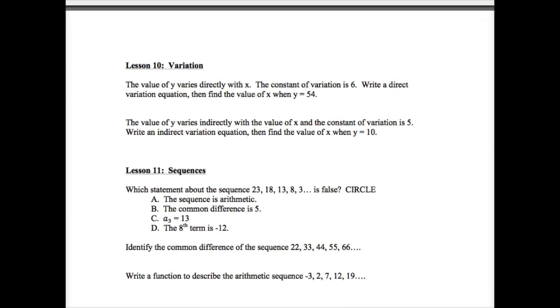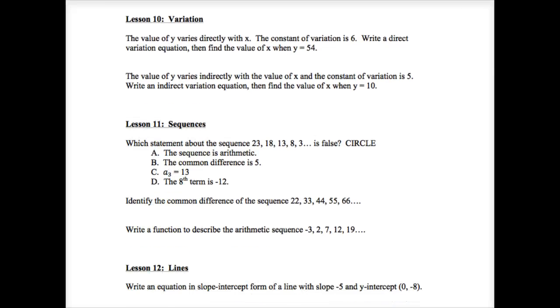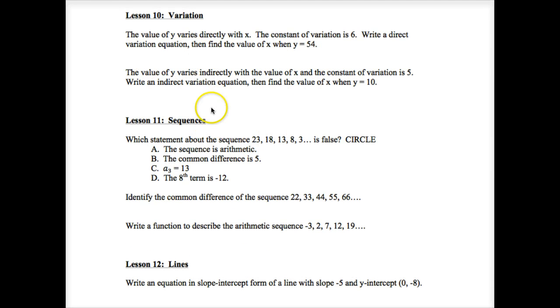All right, moving on to lesson 10. Direct and indirect variation. It does you no good if you do not know the formulas. Direct variation is y equals k times x, where k is the constant of variation.